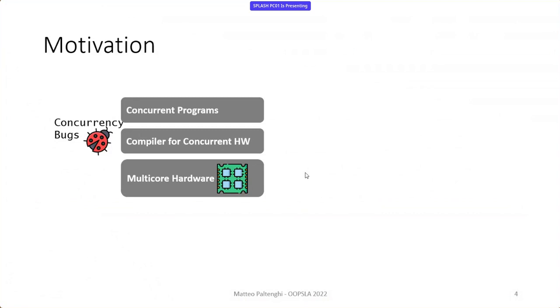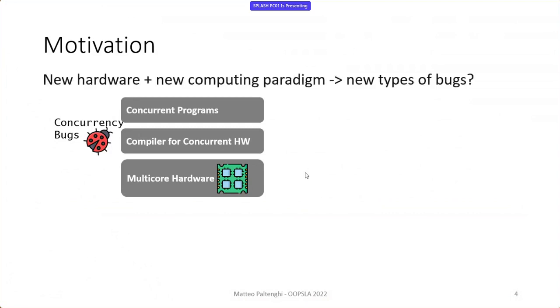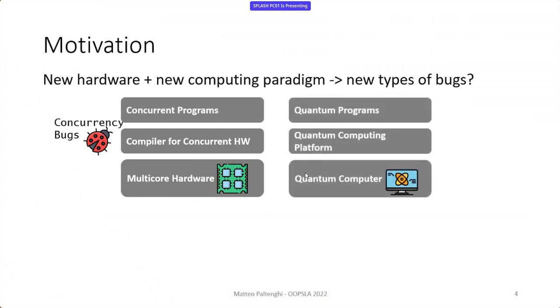And here we have a combination of two key elements, the introduction of a new type of hardware and also a new computing paradigm, which led to the question about the introduction of new types of bugs. Similarly, nowadays, with the introduction of the quantum computing paradigm and the relative hardware, we have a similar question: whether we have new kinds of bugs arising because of this new pair of technology introduced.